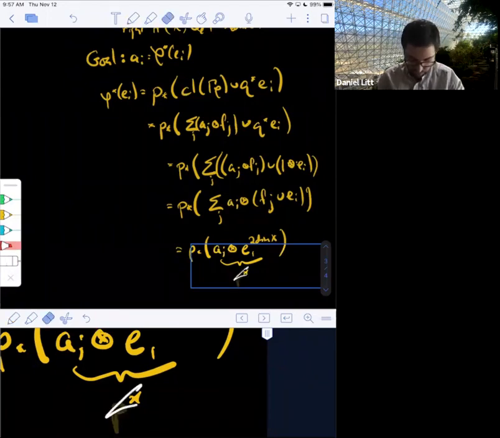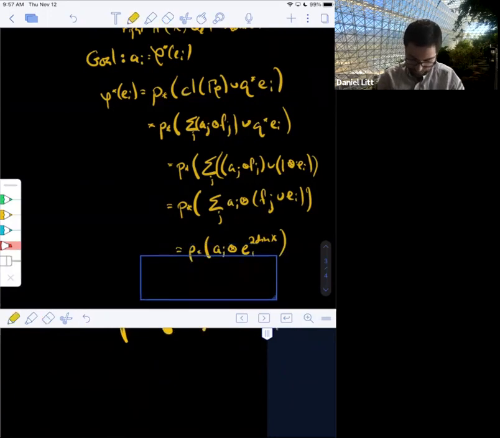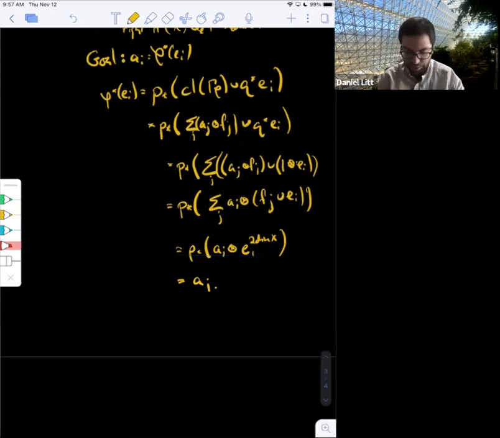Sorry, yeah. The right way to say this is that this is just AI. So why is that? How did we define P lower star? We defined P lower star via Poincare duality. So what that means is it's precisely the thing so that P lower star of AI tensored with this equals AI.